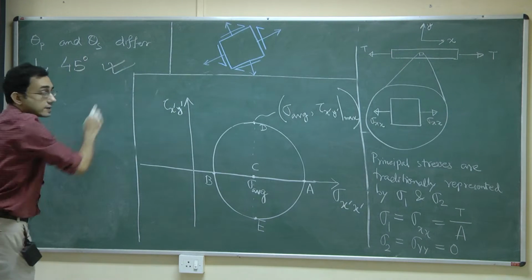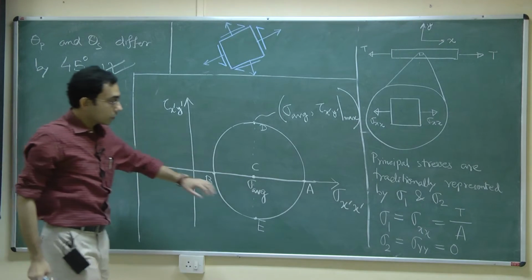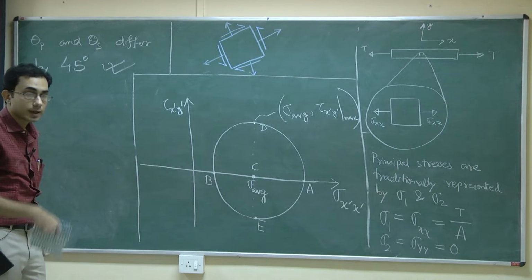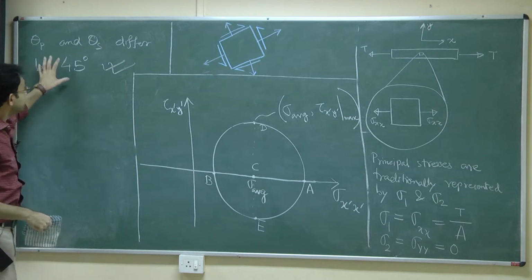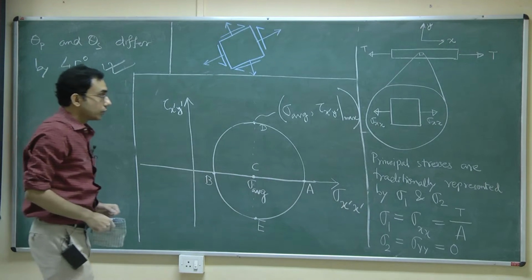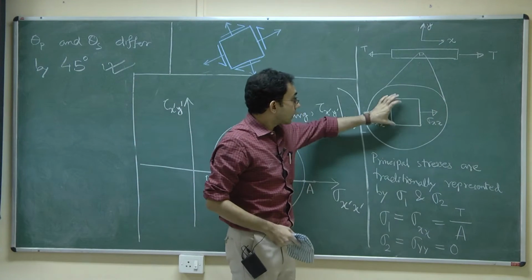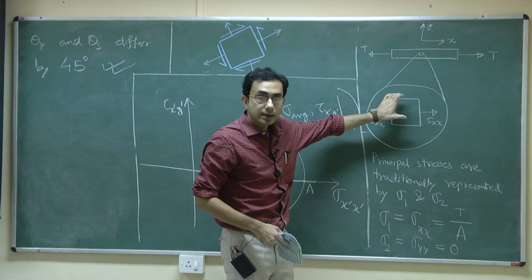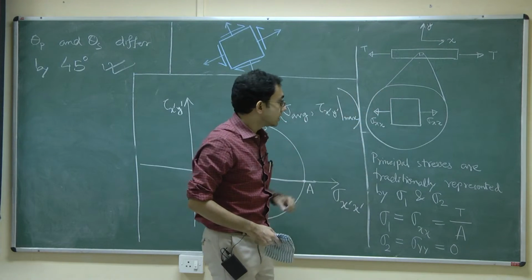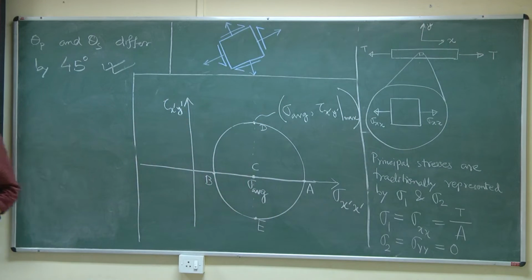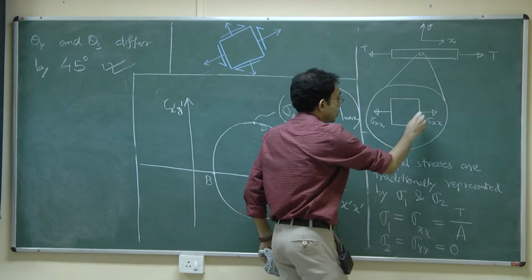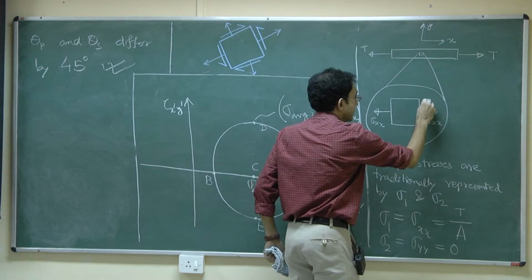This we have already seen. This fact was already written down bottom here, where we first obtained that twice theta p and twice theta s should differ by 90 degrees. And then we saw that theta p and theta s should differ by 45 degrees. Now, if that is so, where should we or how should we tilt this square such that we obtain the maximum possible value of the shear stress? So, we should definitely be going 45 degrees like this.